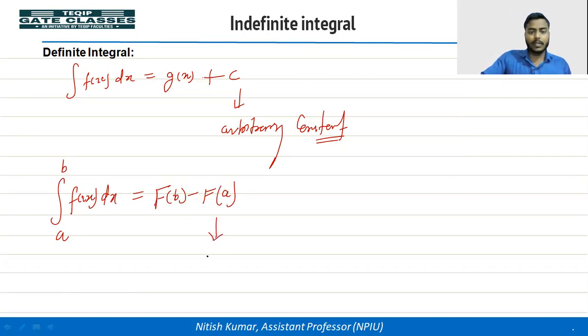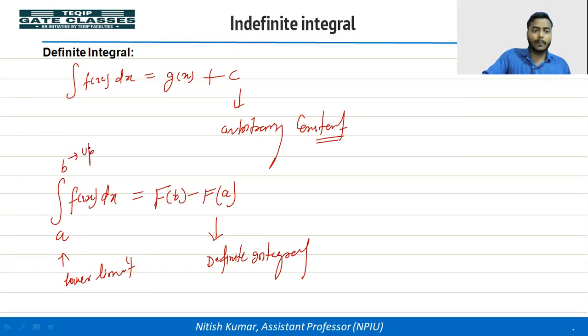This is called the definite integral, where a is called the lower limit and b is called the upper limit.